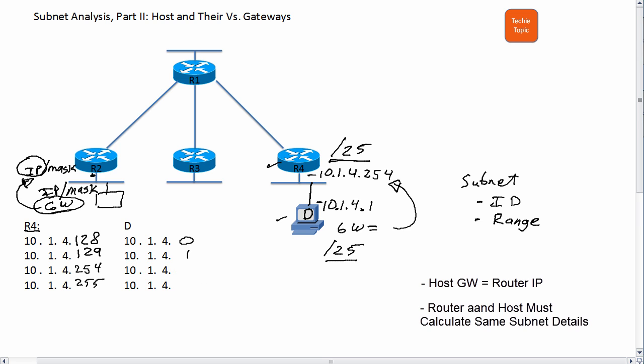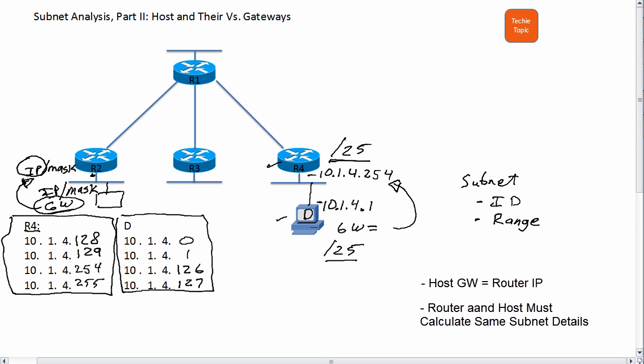The host, with address 10.1.4.1, also with mask /25, ends up in a subnet with subnet ID 10.1.4.0, first address .1, last address in this case though is .126, with a broadcast address ending in .127. So indeed, host D and router R4 differ in their opinion about the subnet.